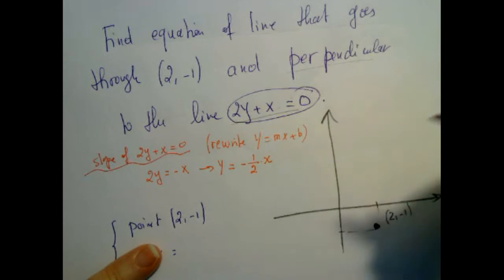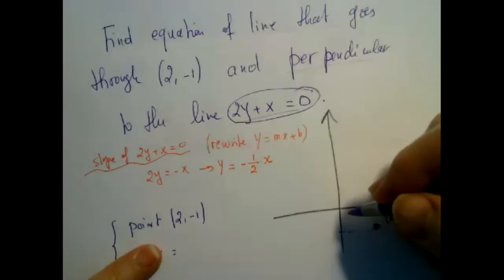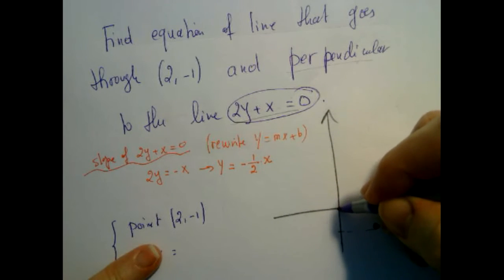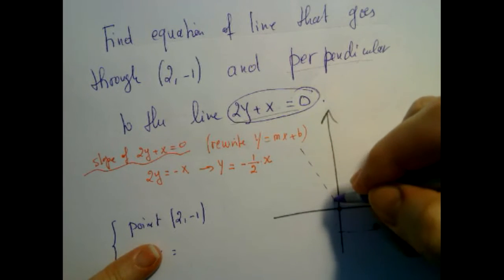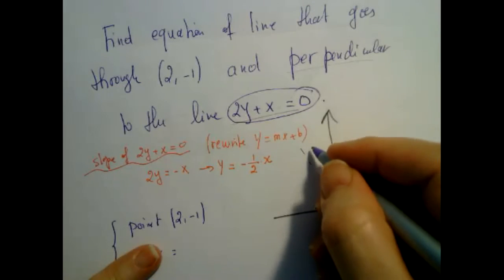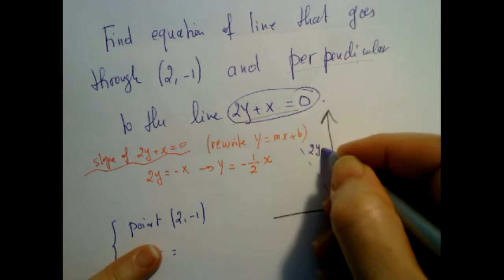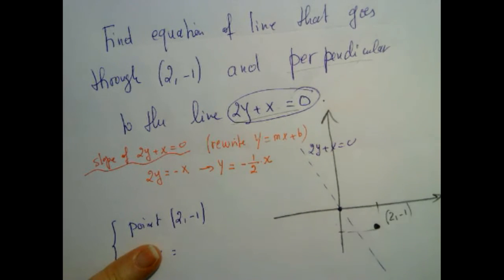So 2y plus x equal to 0 is going to be something like that. But what I'm interested in is a line that goes through that point and is perpendicular to that. The red line is what I'm interested in.